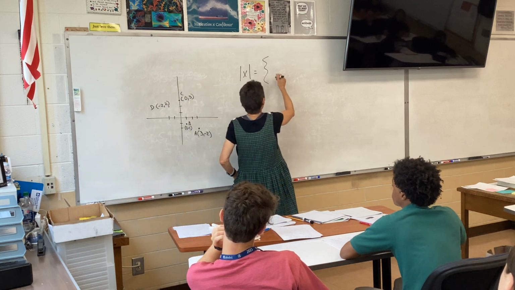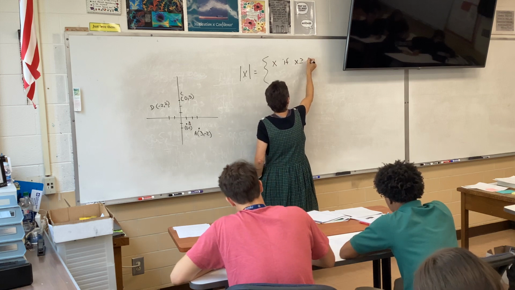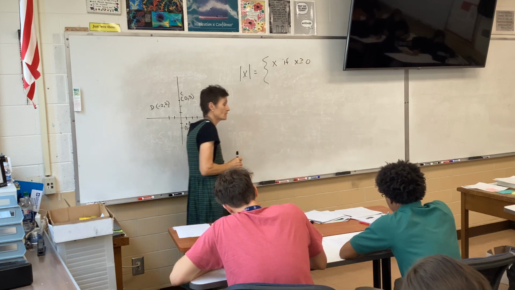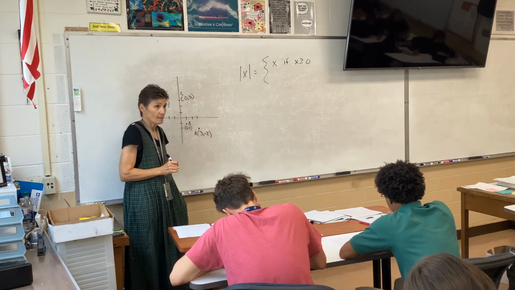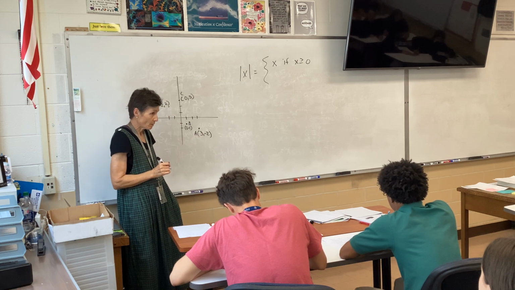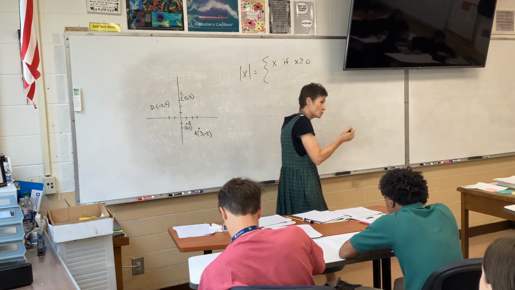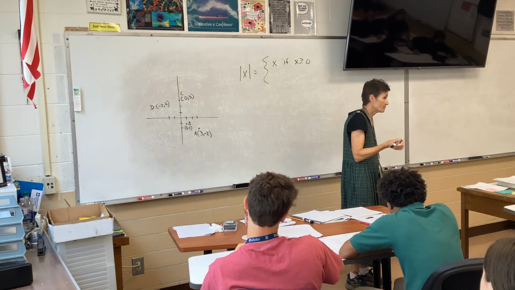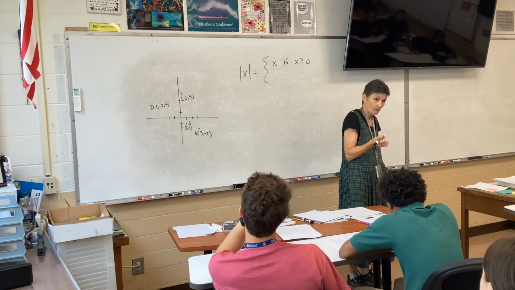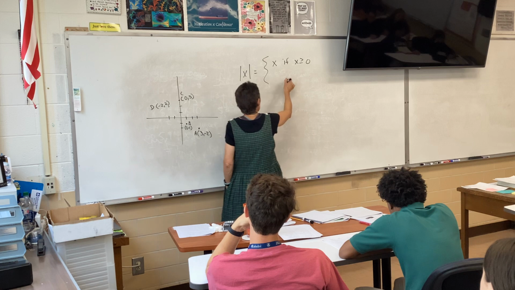The absolute value of x is x if x is greater than or equal to 0. Does that make sense to you? If x is a positive number or 0, when you take the absolute value of it, you just get the same thing. Right? What happens though if x is negative?